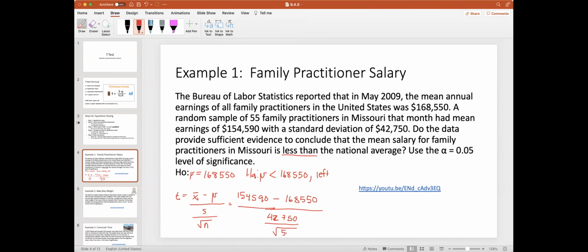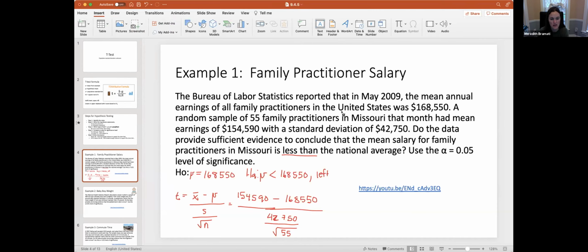What is our sample size? 55. Now I could type this whole thing into the calculator just how they have it written. Okay, but I have to put parentheses around the top.